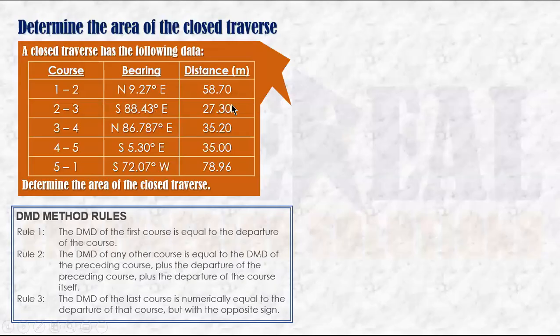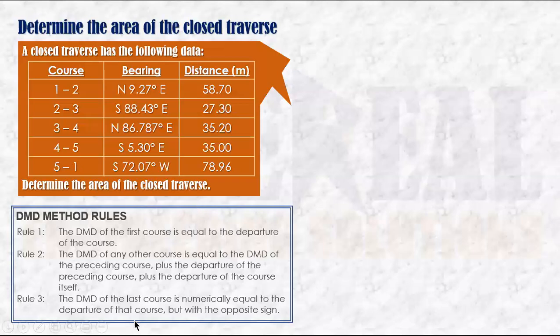If we're focusing on the second, the DMD of the second is equal to the DMD of the first, plus the departure of the first, plus the departure of course 2-3. If we are at 4-5, the DMD of 4-5 is the DMD of 3-4 plus the departure of 3-4 plus the departure of 4-5.